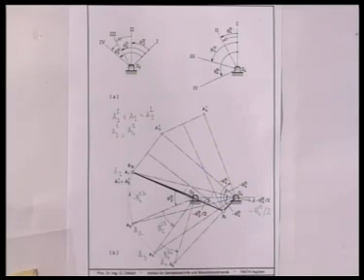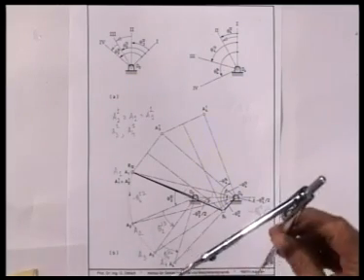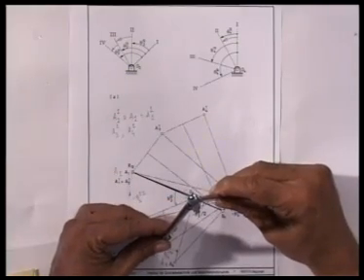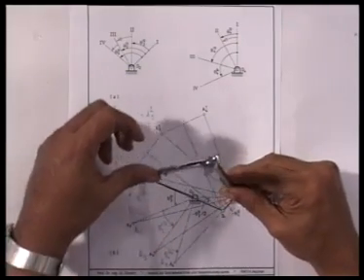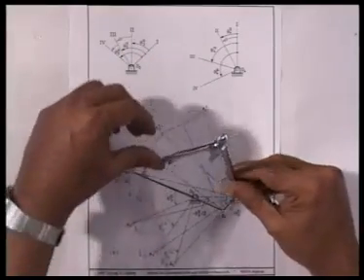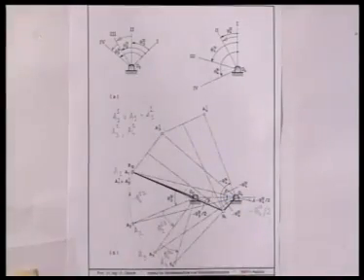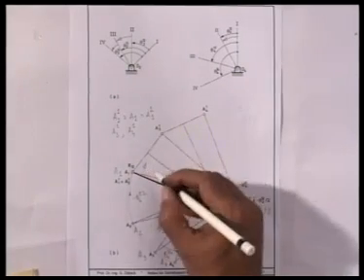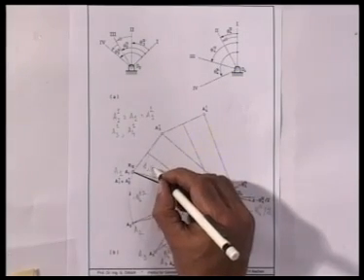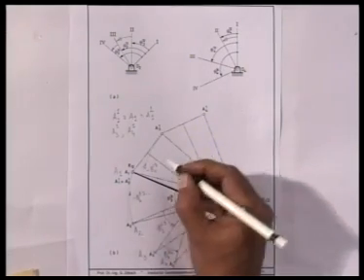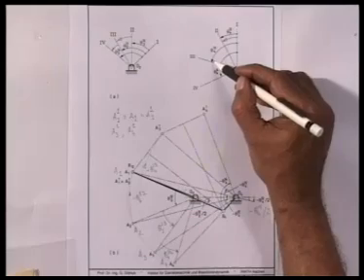Then we can obtain in the usual manner what is A31. I rotate O4 A3 through an angle minus theta 4 1 3. This is theta 4 1 3, which is counterclockwise.